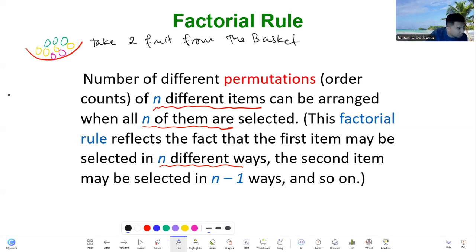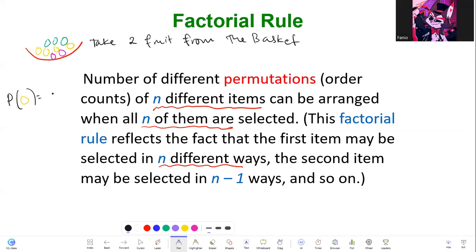Now, what is the probability of me picking an orange? What is the probability of me picking an orange?